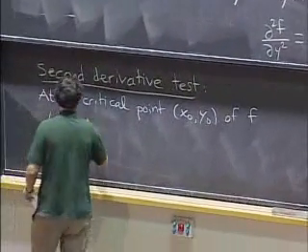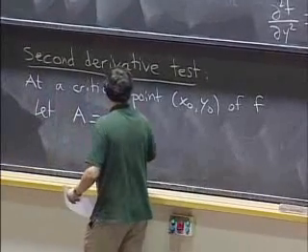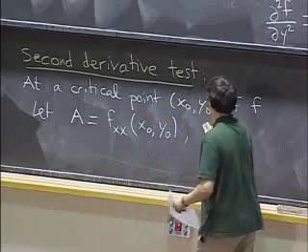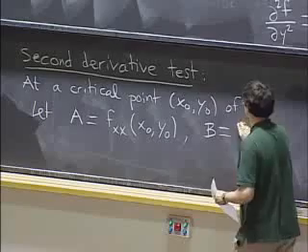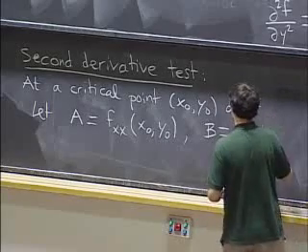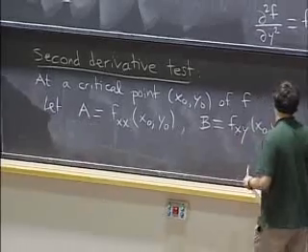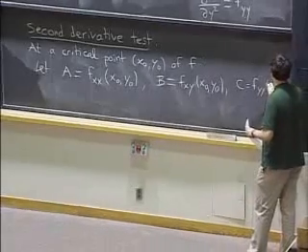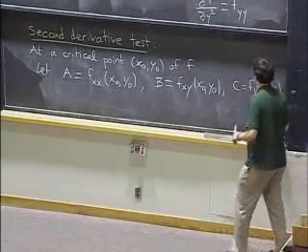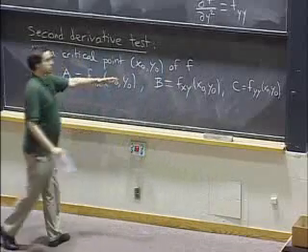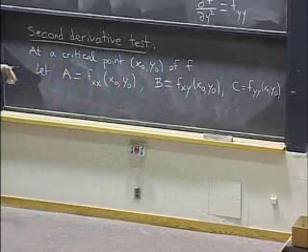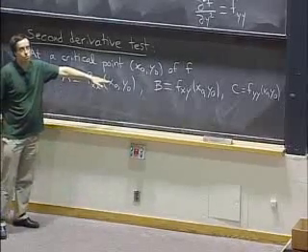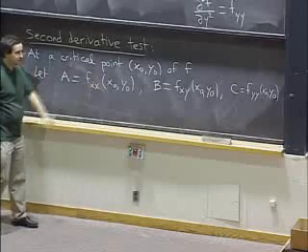Let's call capital A the second derivative with respect to x. Let's call capital B the second derivative with respect to x and y. And C equals f sub yy at this point. These are just numbers because we first compute the second derivative and then we plug in the values of x and y at the critical point. So this will just be numbers.